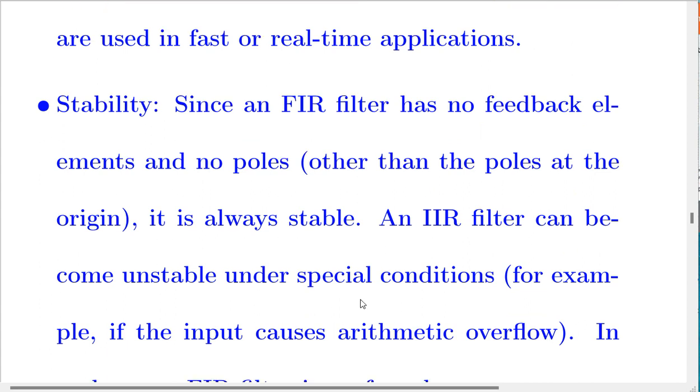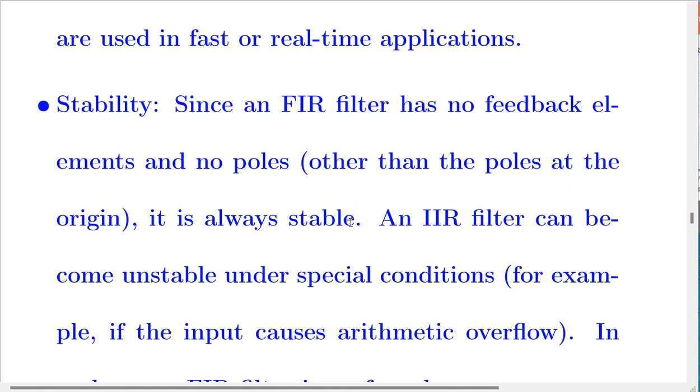Stability. Since an FIR filter has no feedback elements and no poles, other than the poles at the origin, we mentioned it earlier, it's always stable because it has very limited terms in impulse response. However, IIR has unlimited terms in impulse response in time domain.